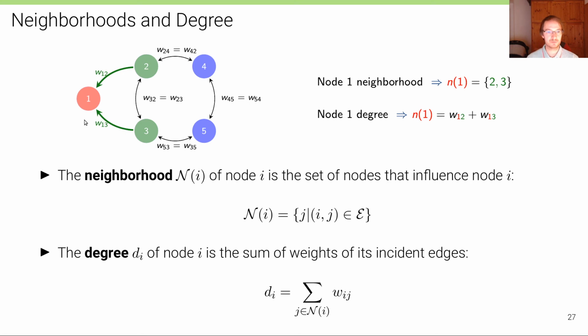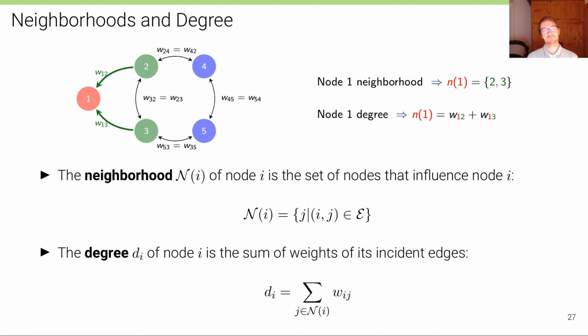So we have a weighted graph here, and in this particular case, we would sum up the values W12 and W13 to get the degree of node 1. In the case of an unweighted graph, we would have a 1 here and a 1 here, so the degree of node 1 would be 2.